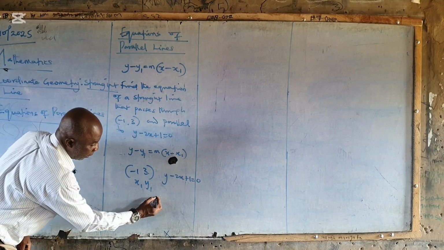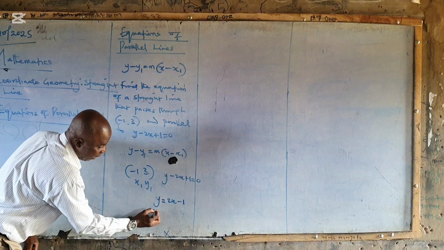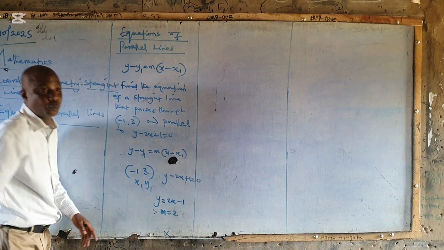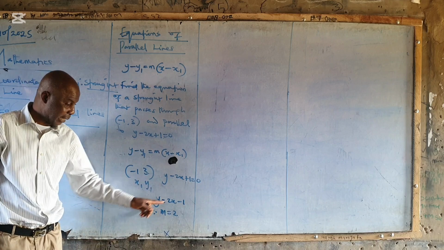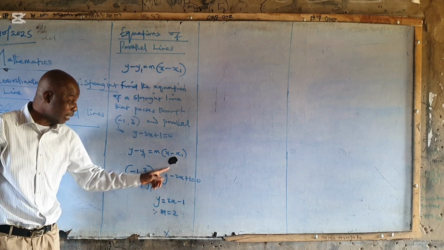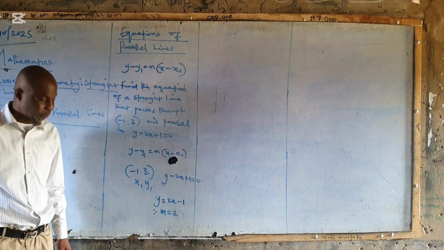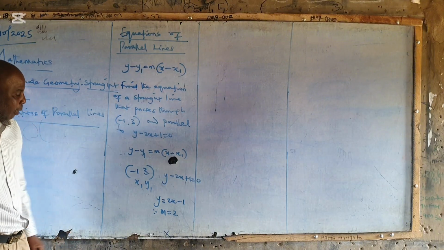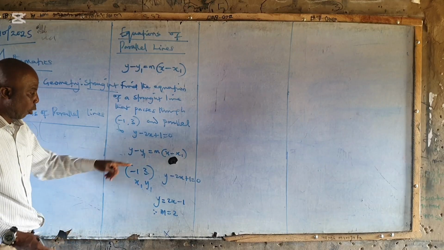So what you do is to say y will be equal to 2x minus 1. And therefore, your m will be equal to 2. That is, the gradient of that straight line will be equal to 2, when you rewrite this in the gradient intercept form, which you already know, isn't it? Now, having done that, you go ahead to substitute those values into your equation.